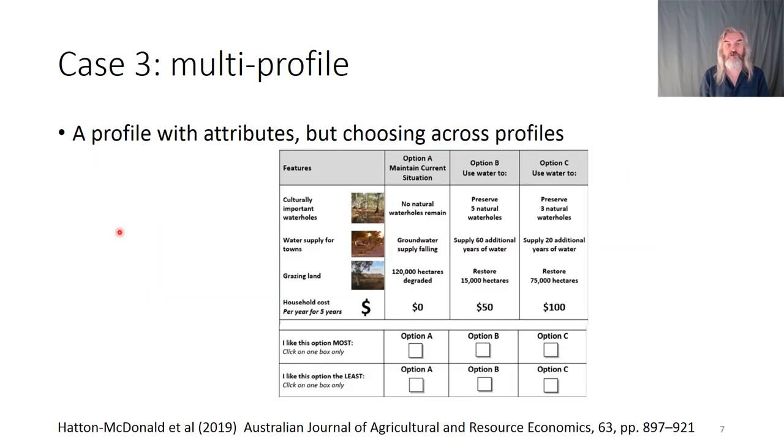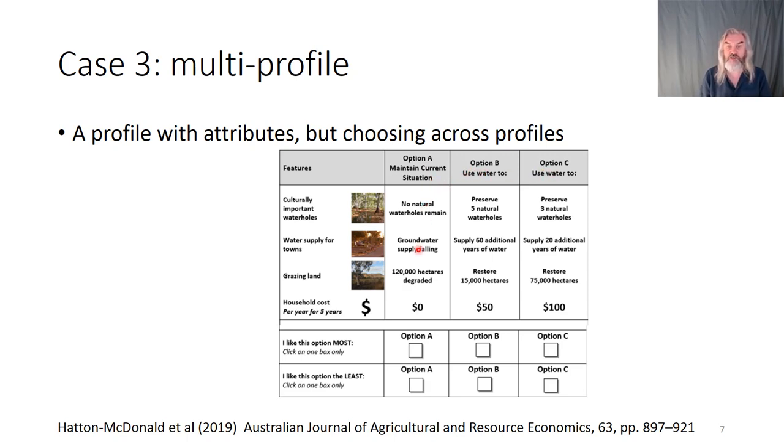And then case 3, the multi-profile, is similar, except now we have bundles of these. This is a water policy example, about how people might prefer to see a water policy developed in terms of allocating water. Here you can see there are profiles. In the previous example, case 2, we had one profile. Here we now have three profiles, labeled as option A, the current situation, and so on.